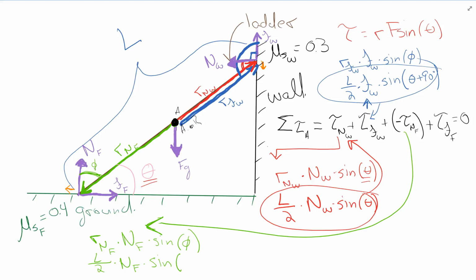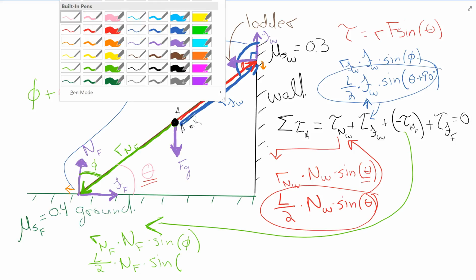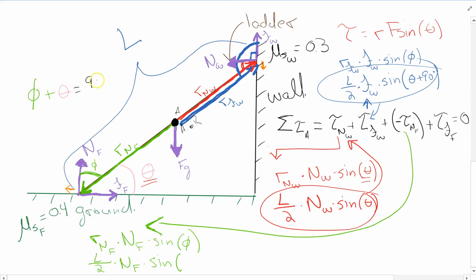I don't want to mix my angles because then it's going to make it impossible for me to solve for my theta. So I know that my angle phi plus my angle theta is going to equal 90 degrees. I know that because right here in this corner, this is a right angle.